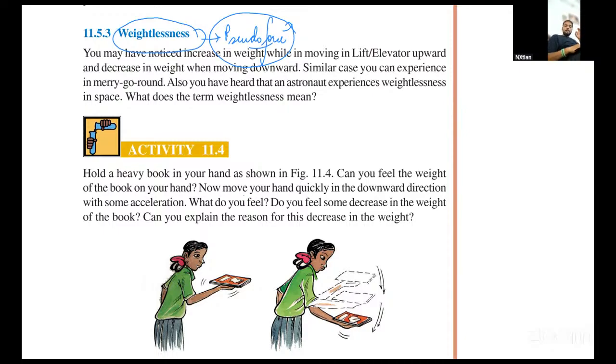In the same way, when a lift moves up and down, because of the motion our weight decreases. If you put a weighing machine, outside you get 90 kg, but in the lift for that fraction of a second the weight decreases because of weightlessness or the pseudo force. Did you understand, guys?